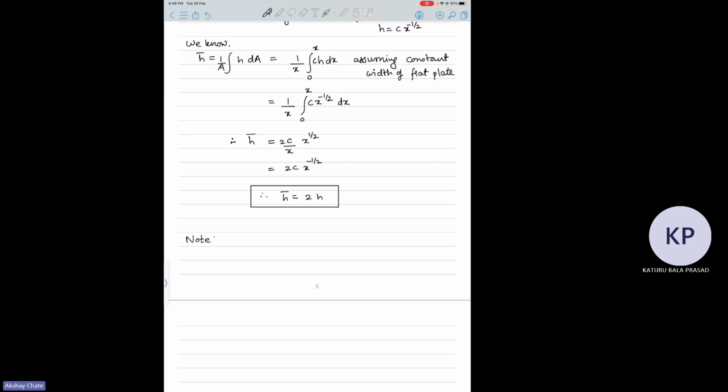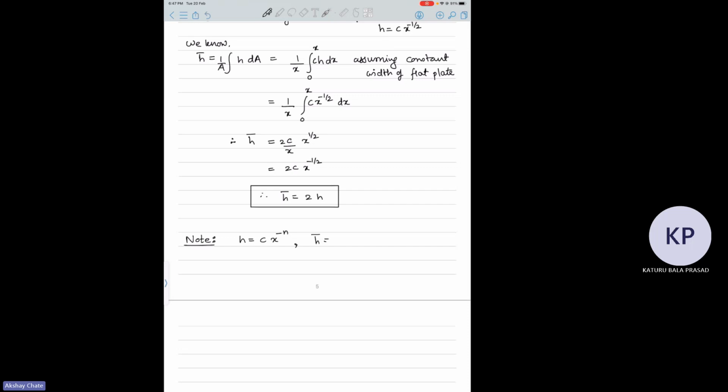We can have a note: what if the local heat transfer coefficient h is proportional to some other power, some x power minus n, where n can be a fraction, integer, whatever it is, but positive. Then in that case, what happens?